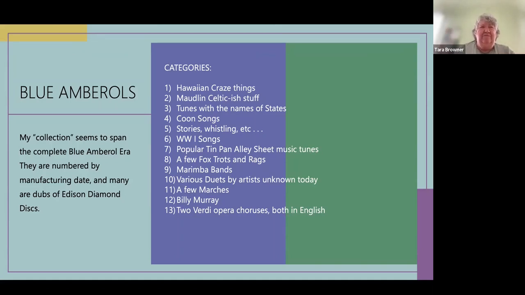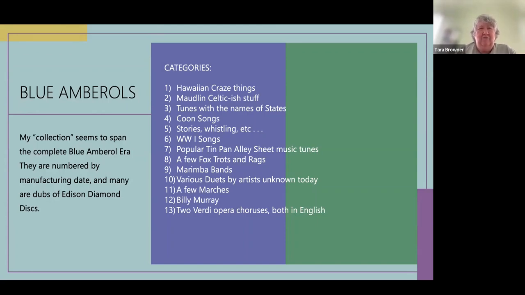So we're looking at 1914 to 1929 with these, lots of them. And it's just interesting for me to see what this person bought. And then also to start to look into these and look at what Edison had recorded, because he was apparently very hands-on with what he wanted on his cylinders.